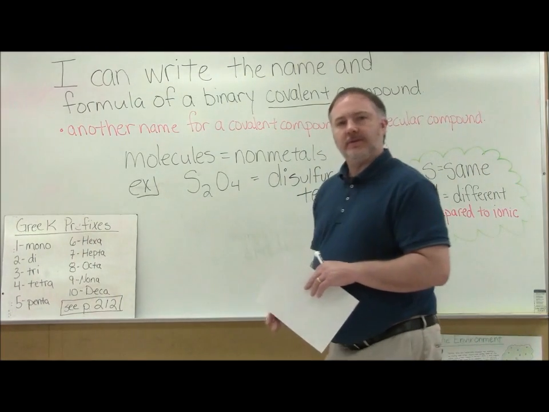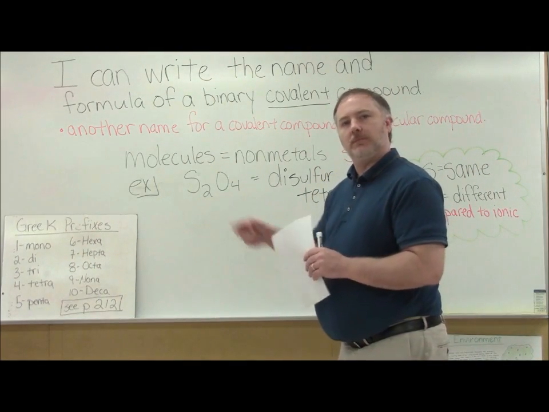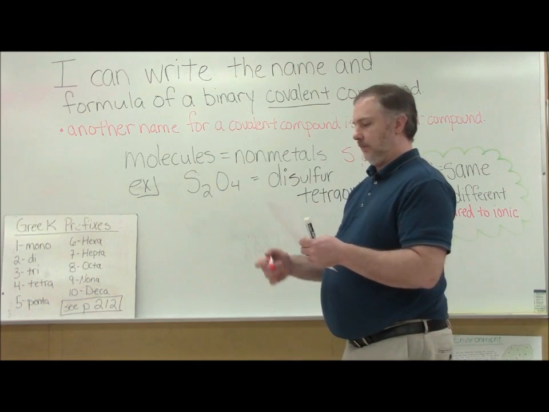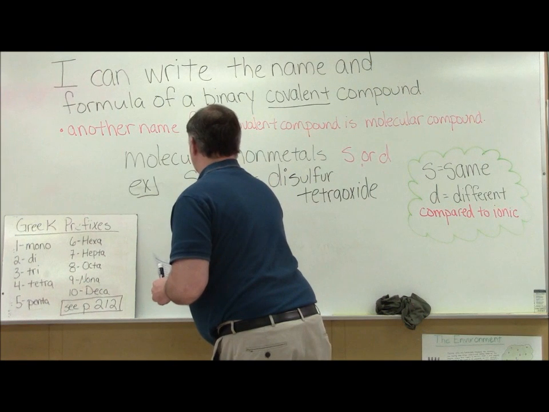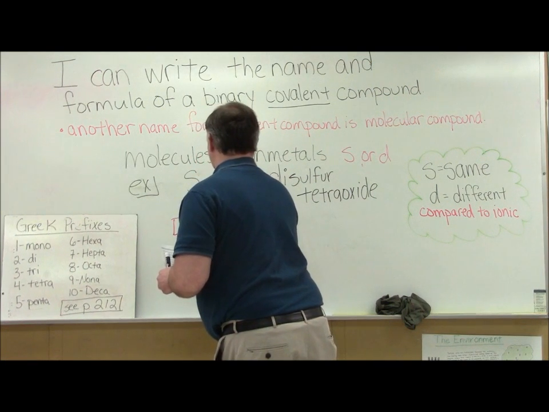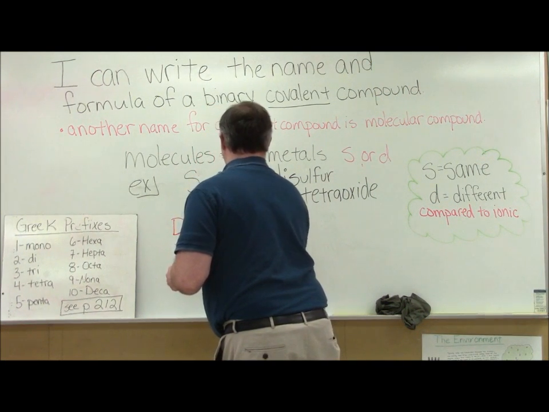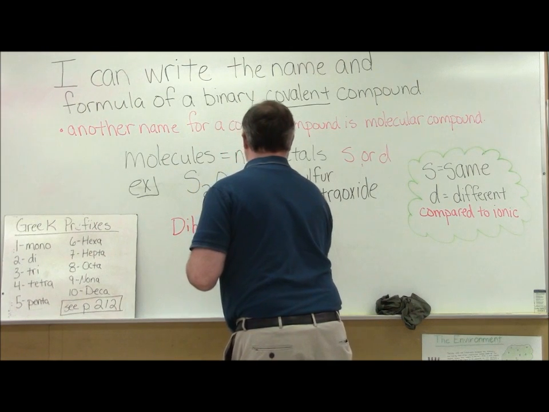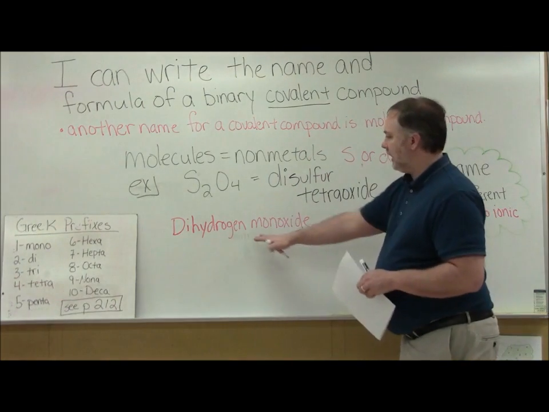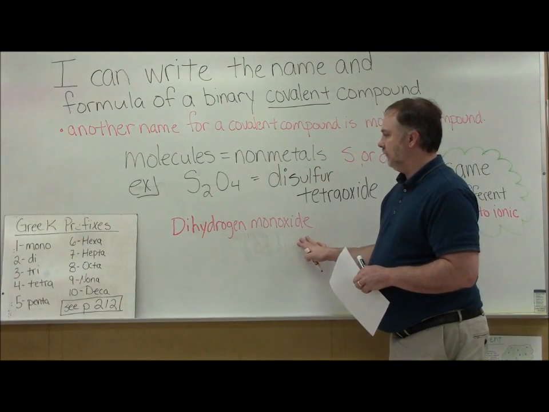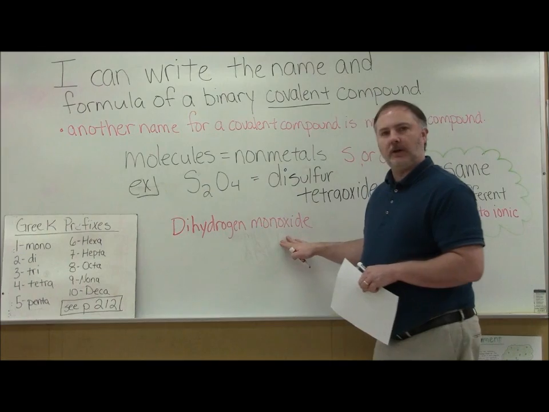So let's finish up the last minute here. I'm going to give you a few names, and you're going to have to give me the formulas of them. Dihydrogen monoxide. Take a look at the prefixes that I gave you.